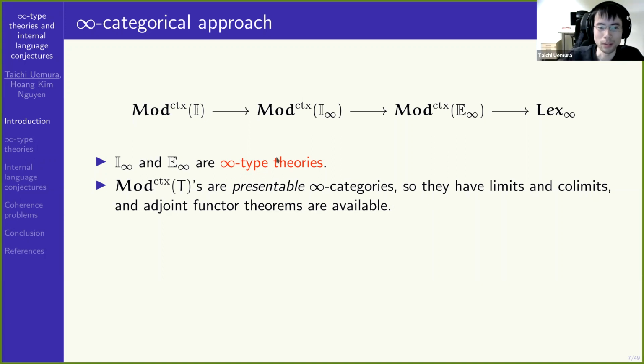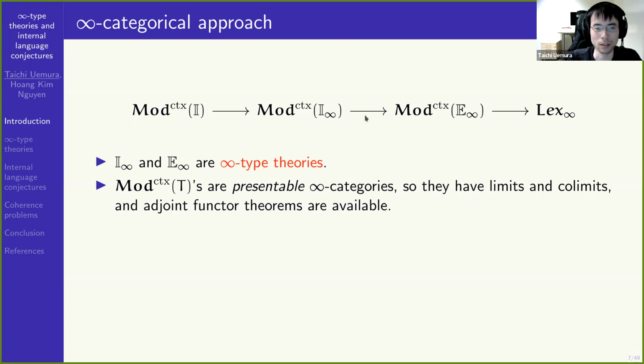So we introduce a notion of infinity type theories, which is analogous to ordinary type theories. So models of infinity type theories make sense, and the models of an infinity type theory form an infinity category. A technical advantage of this approach is that these infinity categories are all presentable infinity categories, which is very nice. For example, they have all limits and colimits, and also adjoint functor theorems are available.